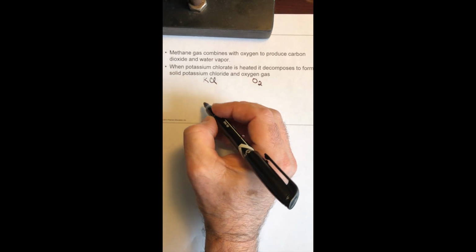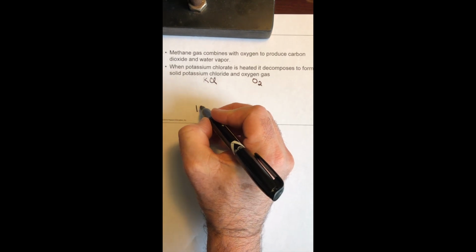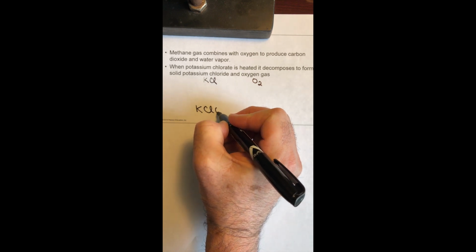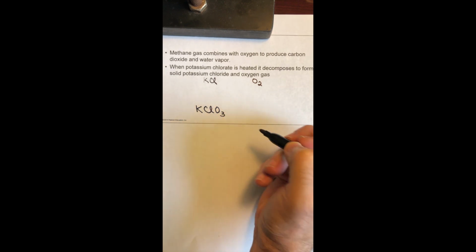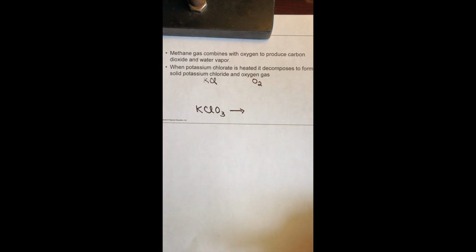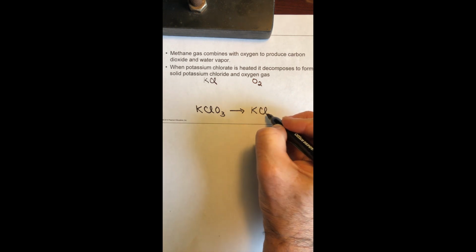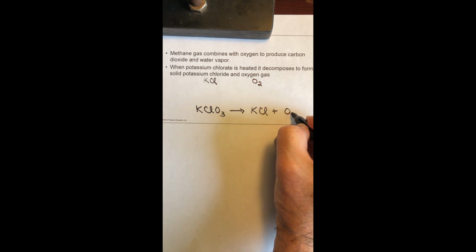Let's look it up and let's find out that what we have here is KClO3. And it says that it gets heated and it decomposes, which means it breaks down to form potassium chloride and oxygen gas.